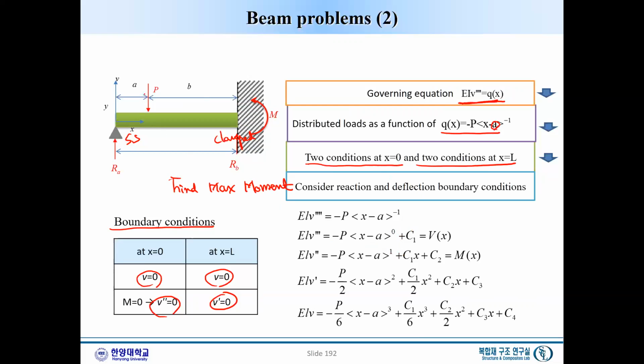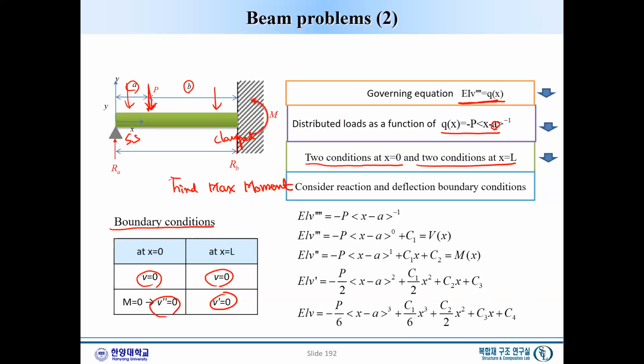When we apply this force P, where does the maximum moment occur along this beam? Let's say a and b are given. If a is large, then P will be located like that, and if a is small, P is located like that.